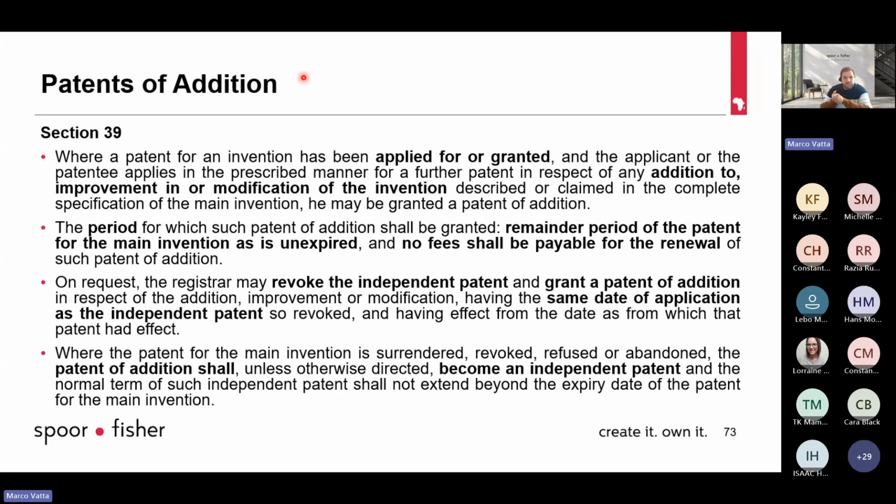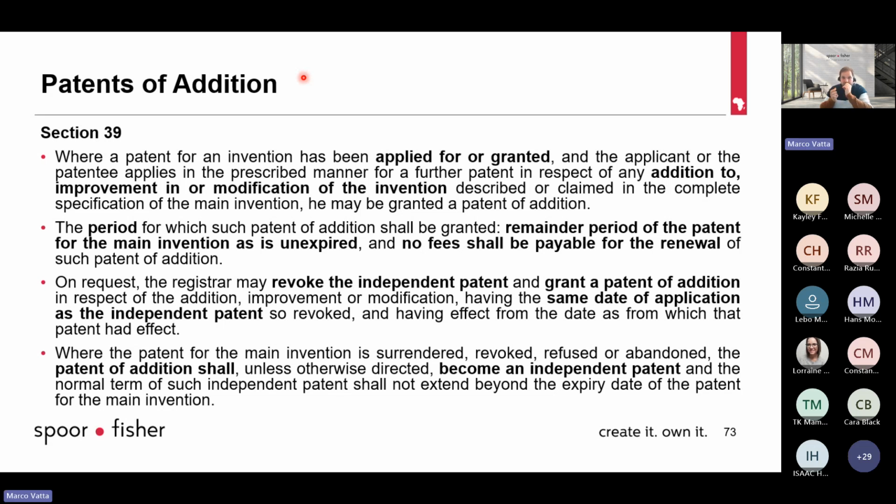If we read through that, it says, on request, the registrar may revoke the independent patent and grant a patent of addition in respect of the addition, improvement, or modification having the same date of application as the independent patent so revoked. So even if the independent patent is revoked, the patent of addition will retain the filing date of the main application that was filed.